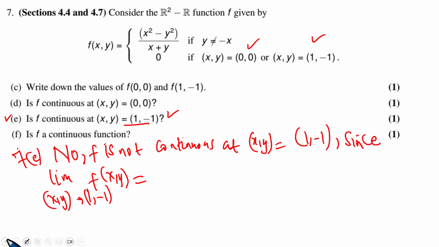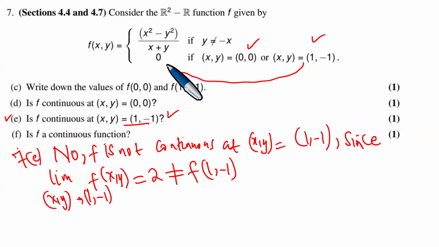This limit is 2, but this 2 is not equal to the value of the function at 1 and minus 1, because the value of the function there is 0. But 2 is not equal to 0.